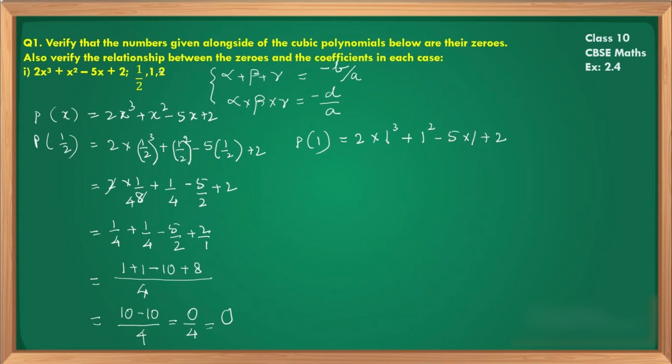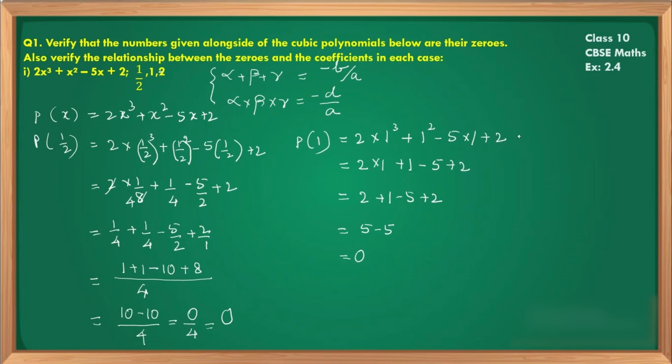That is 2 into 1 plus 1 minus 5 plus 2. 2 plus 1 is 3 plus 2 is 5. 5 minus 5 is naturally 0. Therefore, 1 is also a zero of this polynomial.